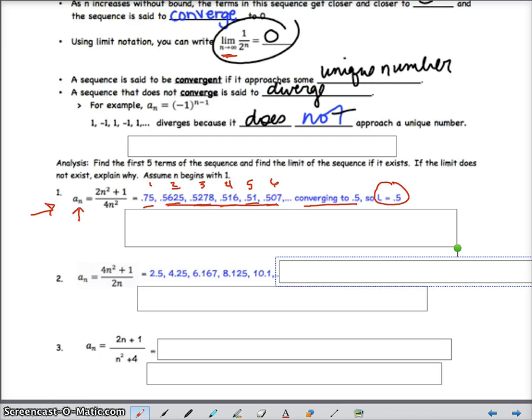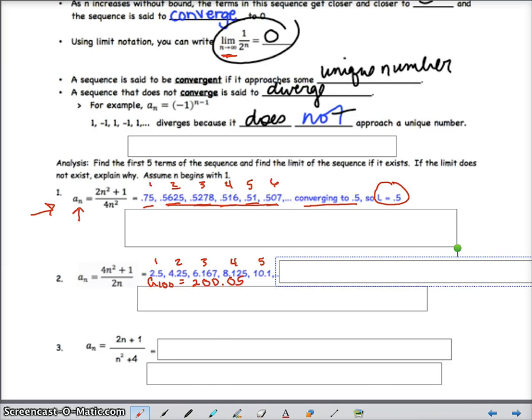So I personally decided to go ahead and jump way out to the 100th term, and I found that when n equals 100, the 100th term was equivalent to 200.05.